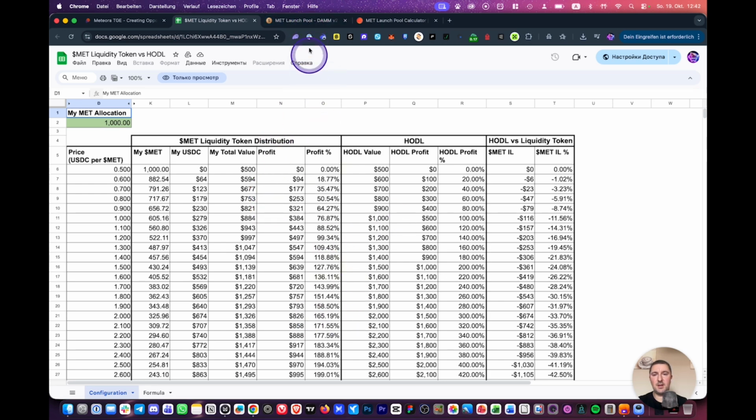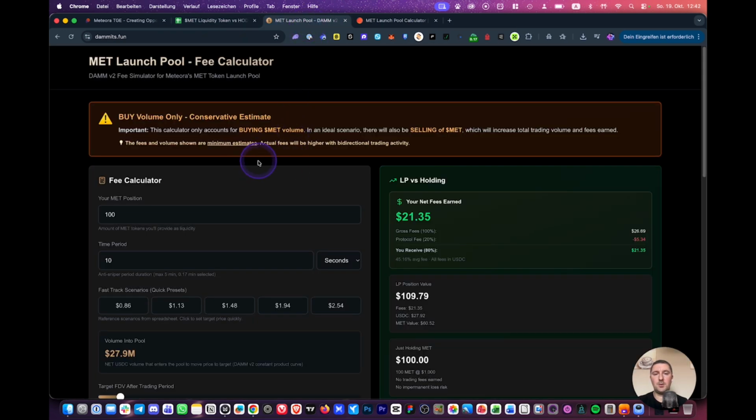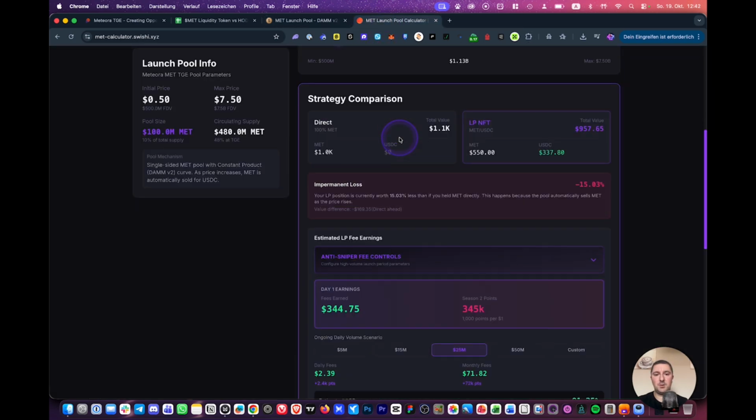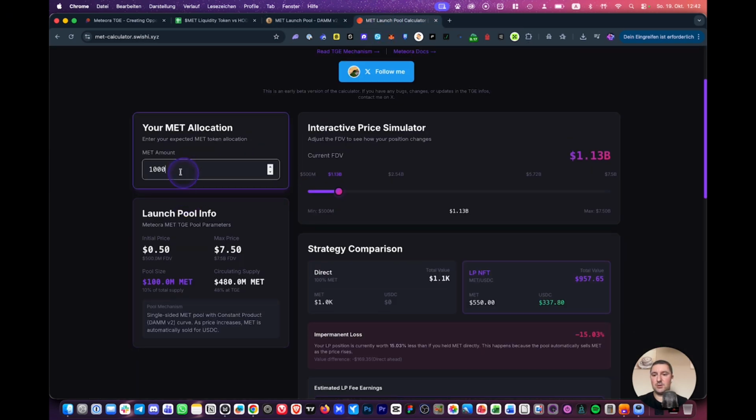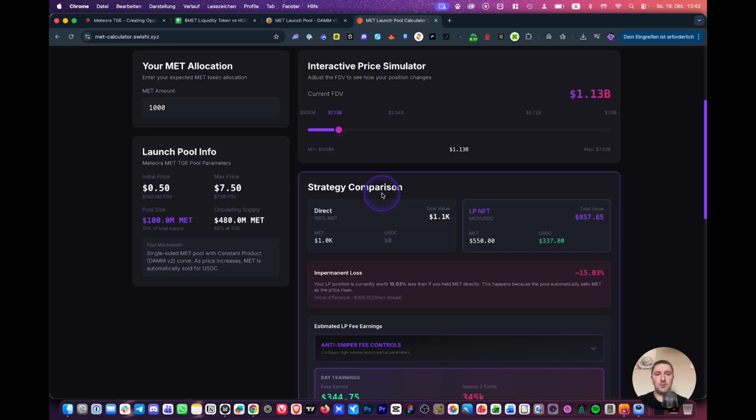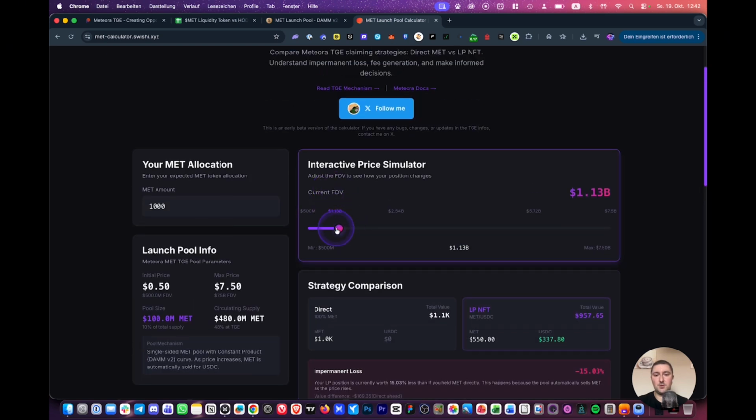If it's complicated for you, you can also use tools. There are two that I will leave in the comments, where you can set your MET amount as a calculation base, and then you can see what it will be worth when the current FDV is pretty high or pretty low.